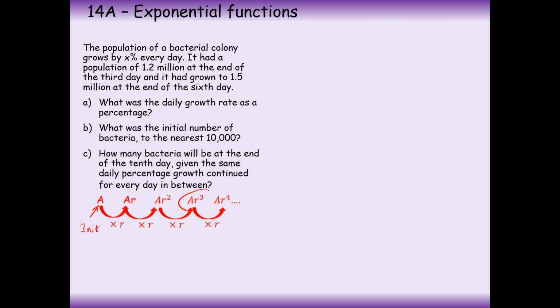On the third day, it is multiplied by r, which is our 1.x. We don't know what that percentage is. 1.x is raised to the power 3 on the third day, and on the sixth day it will have r to the power of 6.